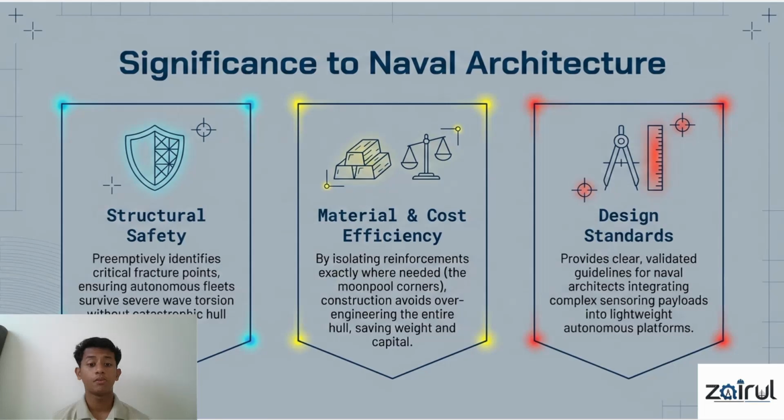The findings will help improve structural safety, optimize material usage, and support better design decisions for unmanned surface vehicles. Also, we can reduce the cost more when we know the problems. Ultimately, this study contributes to developing stronger, safer, and more reliable USV catamaran hulls for future marine operations.